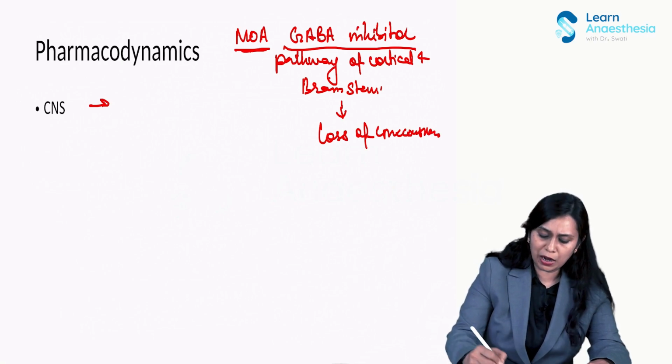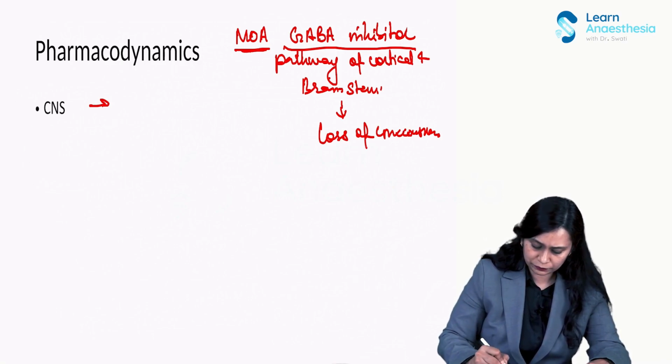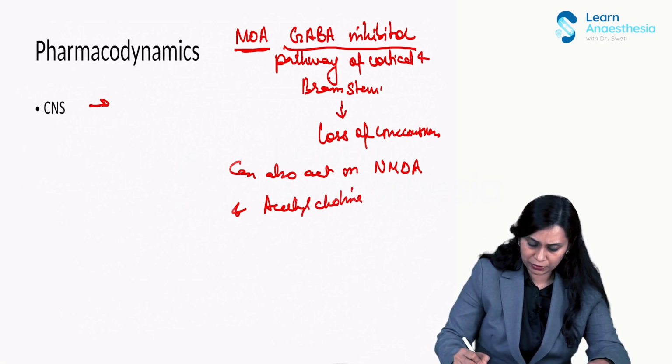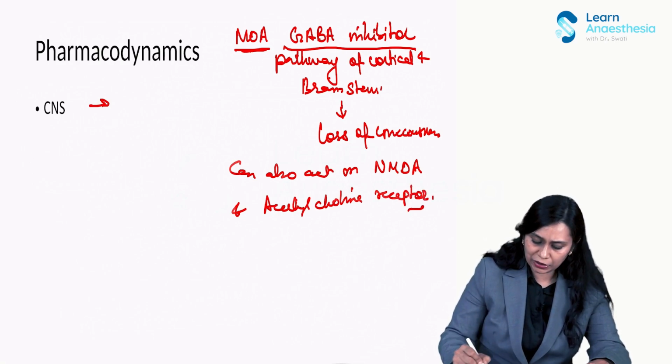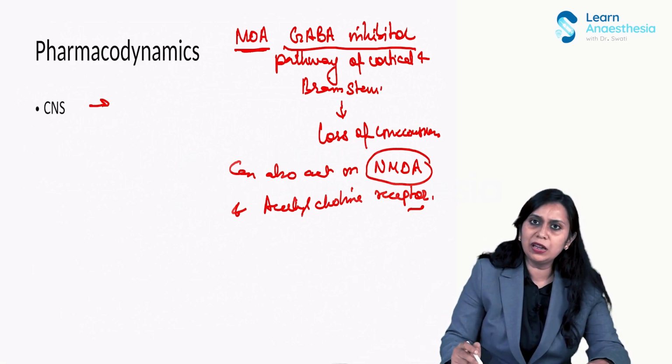But apart from GABA, it can also act on NMDA and acetylcholine receptors. By acting on NMDA, it inhibits the excitatory pathway and it promotes the inhibitory pathway. So, it produces loss of consciousness.